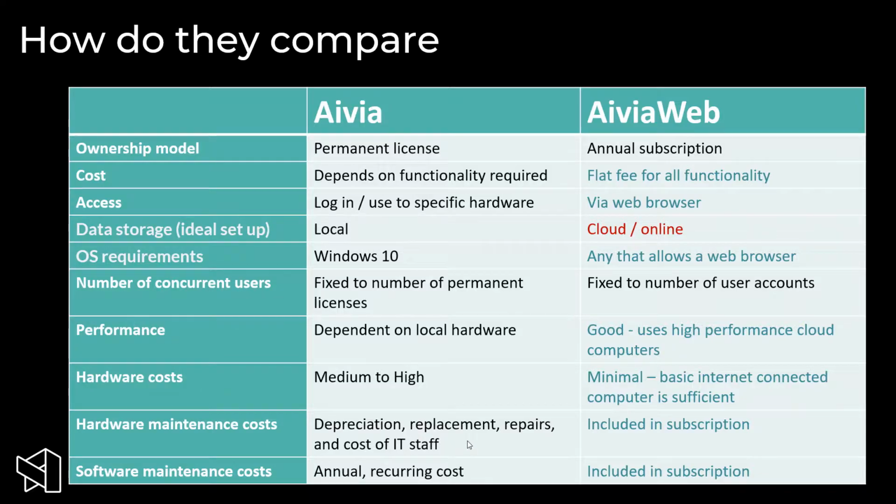With Aivia Web, there is essentially no additional cost beyond the subscription fee that you pay. With the software maintenance costs, that's also a similar scenario. So with Aivia, there is an annual maintenance fee, which is a recurring cost. And with Aivia Web, it is included in the subscription. So there is no additional cost.